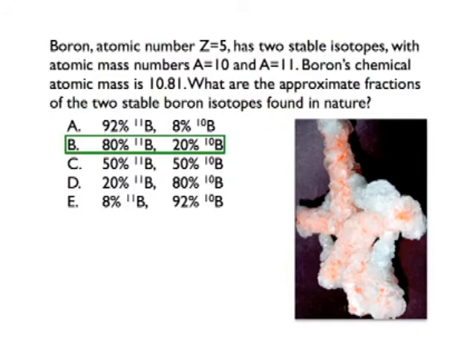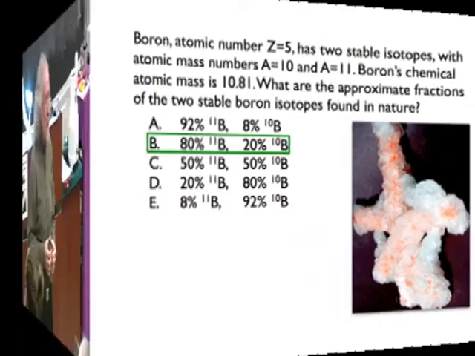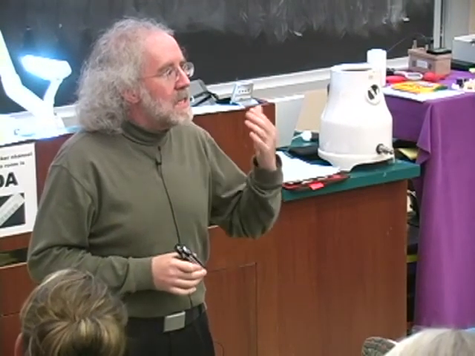B. I'm going to have about 20% of boron-10, 80% of boron-11. 10.8 is closer to 11 than it is to 10. There are examples of the calculation in the textbook as to how you can work this out exactly. But it kind of makes sense. And the numbers you see in the periodic table are average values.